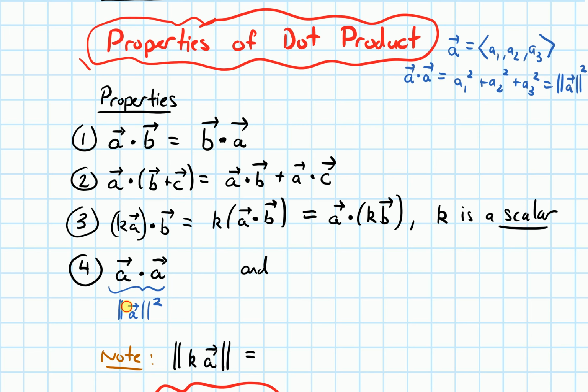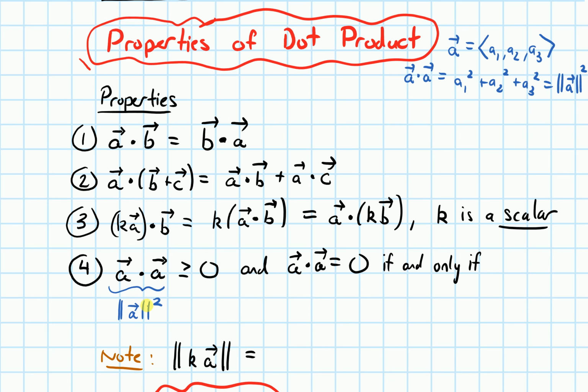But when we take the length of a vector and we square that, that's definitely going to be non-negative. It's definitely going to be greater than or equal to 0. And moreover, the only way for A dot A to be equal to 0 is if and only if we would need the length of A squared to be 0.